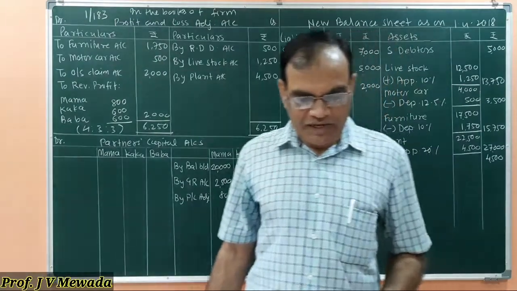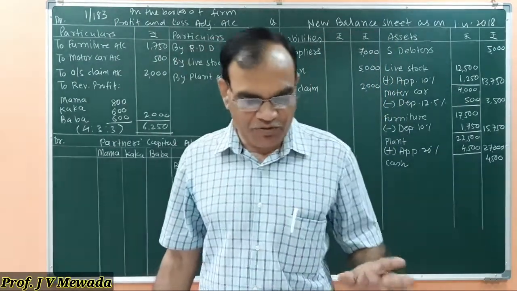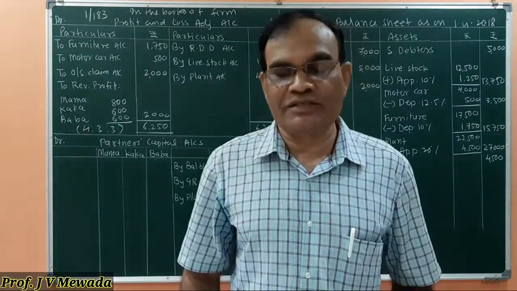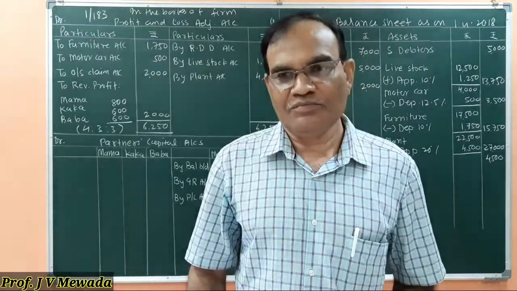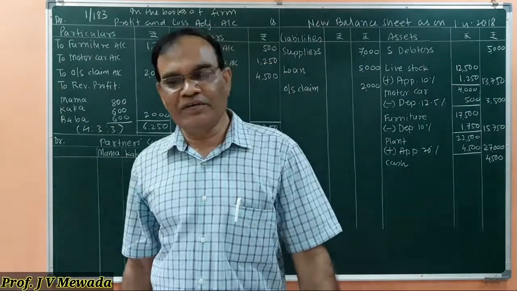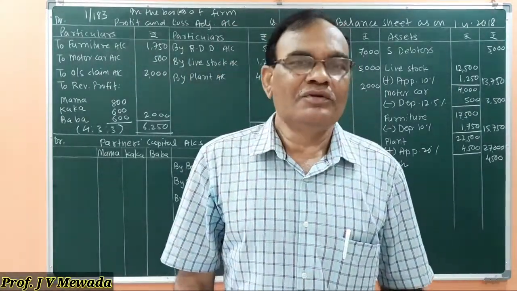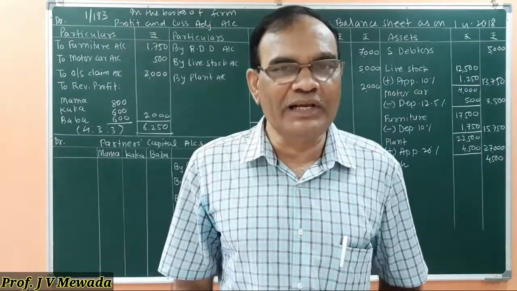In step number 5 we are given that the share of the goodwill for Kaka is to be raised, rupees 2,700. So other partners are not given any share of goodwill, only share equal to the retiring partner's goodwill is to be raised in the books.